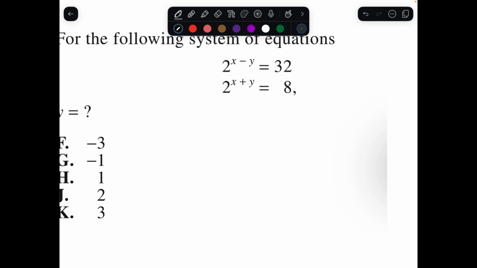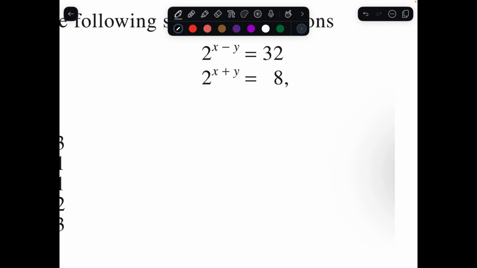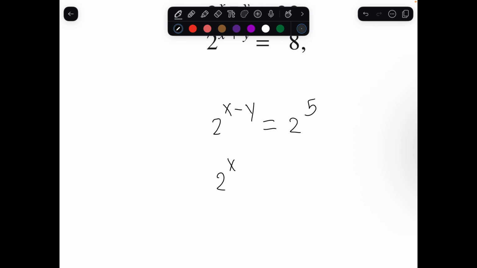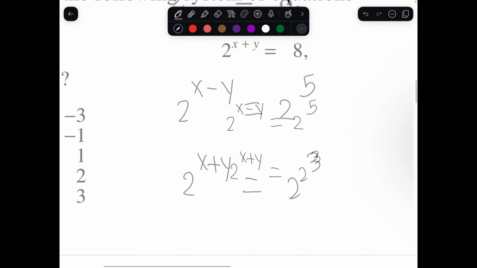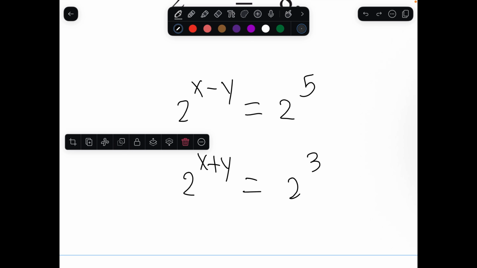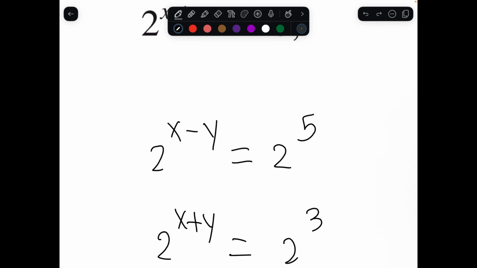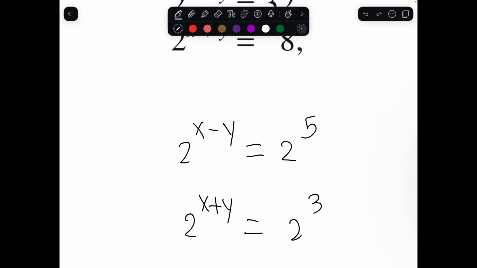So we can rewrite 32 as 2 raised to the power of 5, and we can rewrite 8 as 2 raised to the power of 3. Now you can just drop the bases, because you're going to use the rule that if the bases are equal, then the exponents have to be equal to each other.